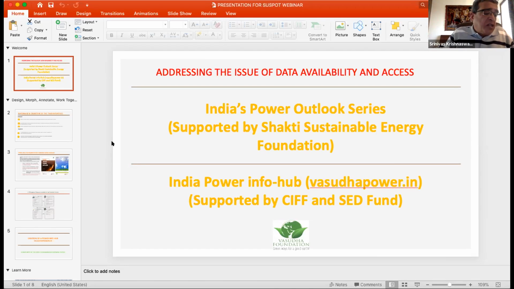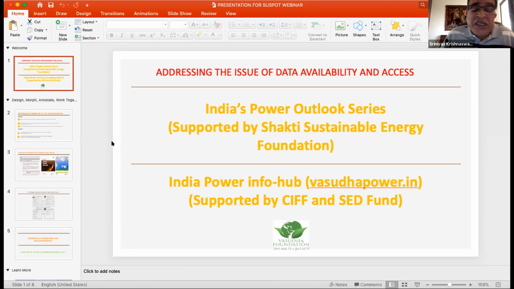Another challenge is the manner in which the data is presented. Very often, the form of data is not very reader friendly. And second, the design of web portals is also not very user friendly.